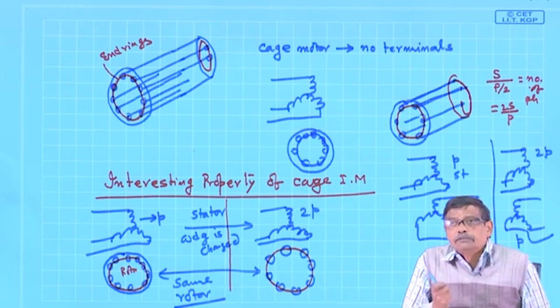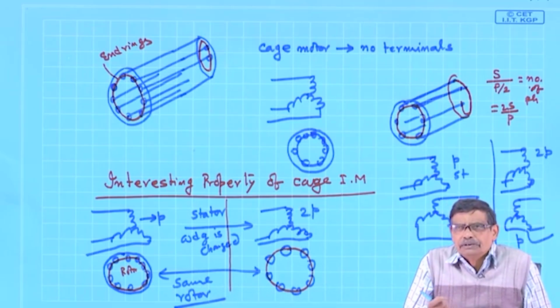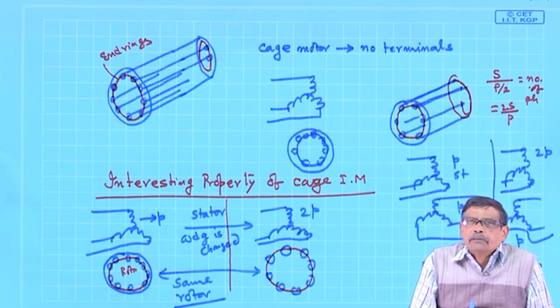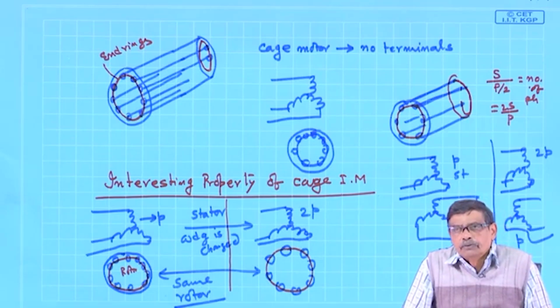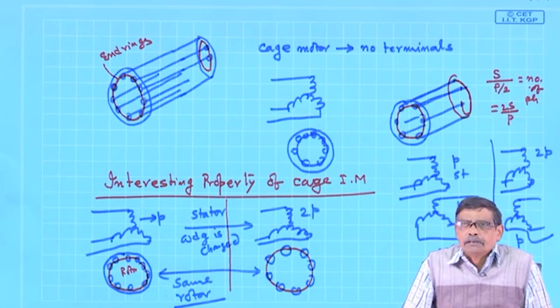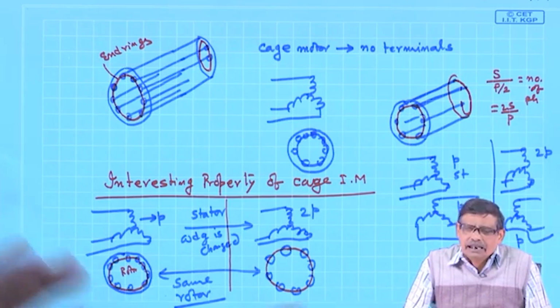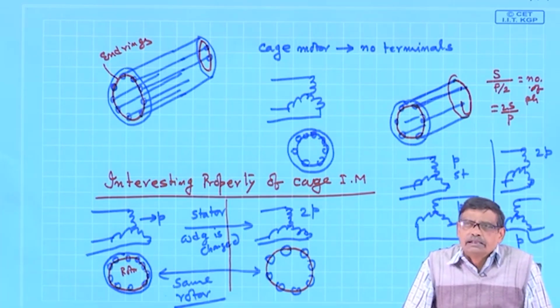Therefore, it is the synchronous speed which decides the speed at which the induction motor is going to run. For example, if it is a 6-pole induction motor with 50 hertz supply, the machine will run below 1000 rpm and close to 1000 rpm without much workout, maybe 950 rpm, 940 rpm like that.